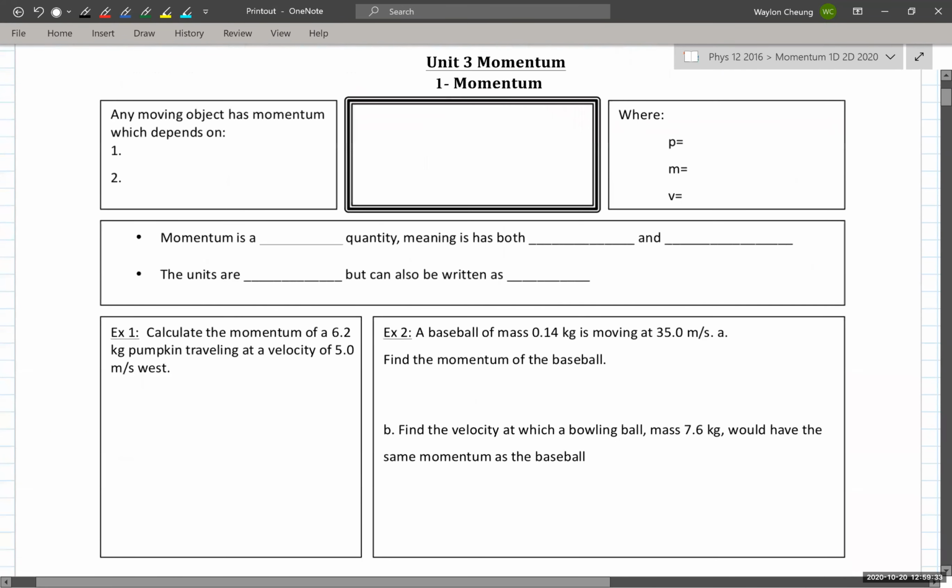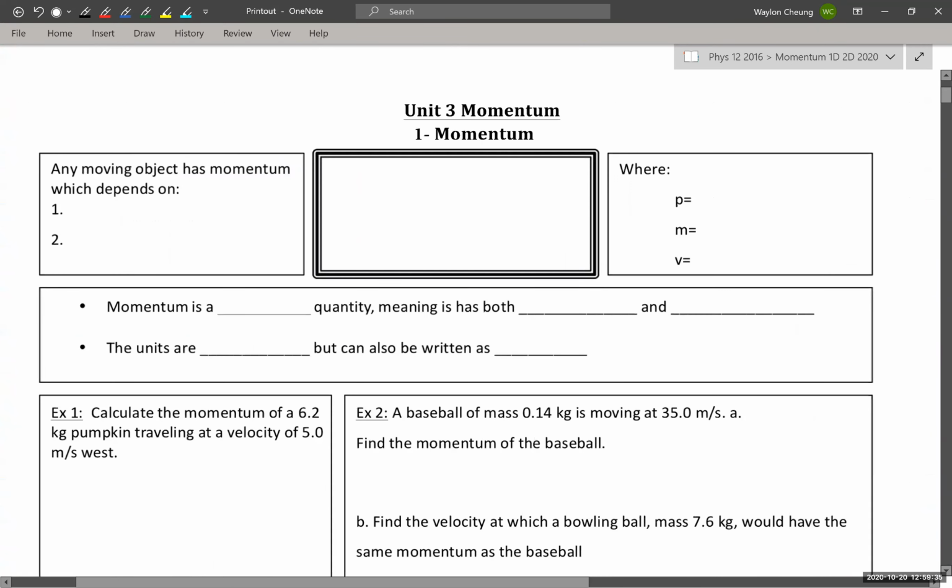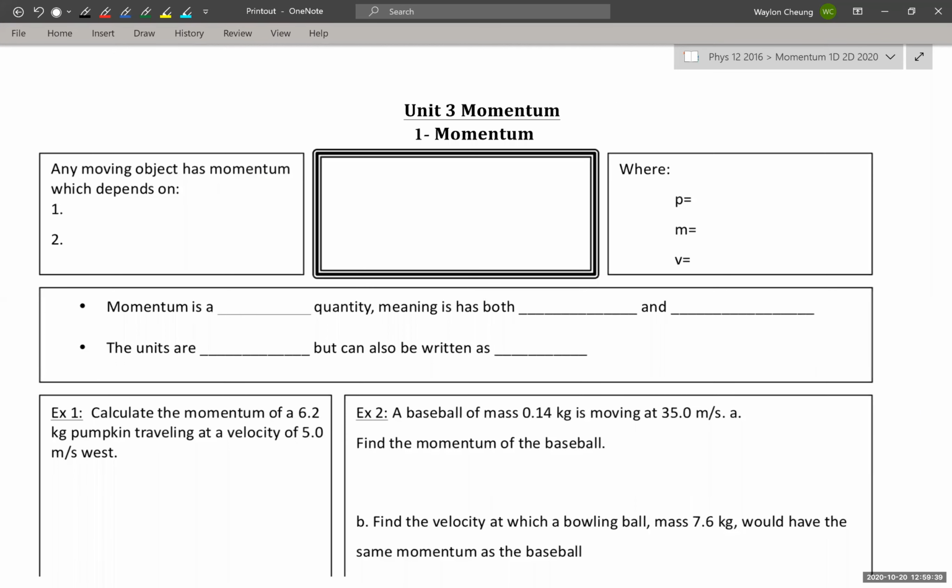Now, when you hear the word momentum, what does that mean for you? When you hear the sport announcer say, one team has all the momentum, what does that mean? It's kind of like when you're running, or when a car is traveling. Momentum seems to be related to something moving, right?